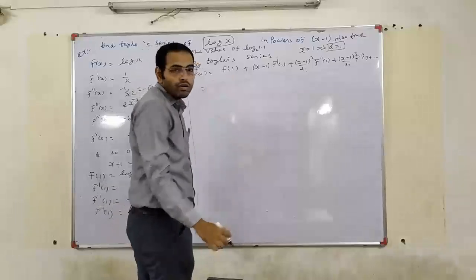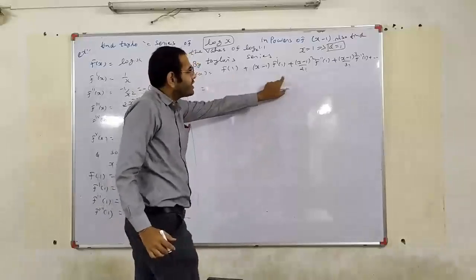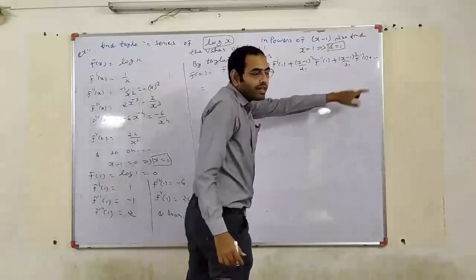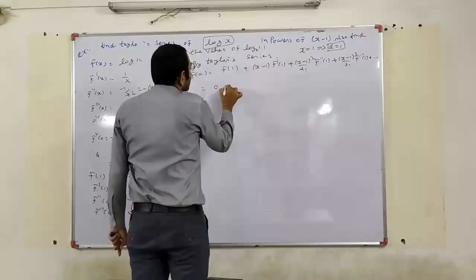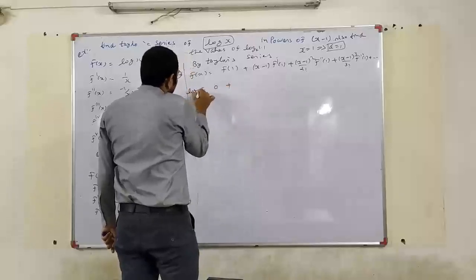Now substitute the values of f(1), f'(1), f''(1), f'''(1), and so on. f(1) is 0, and 0 times anything is 0, here log x.